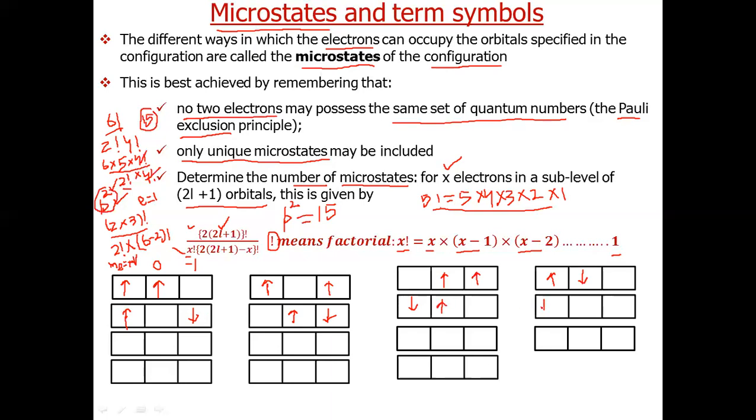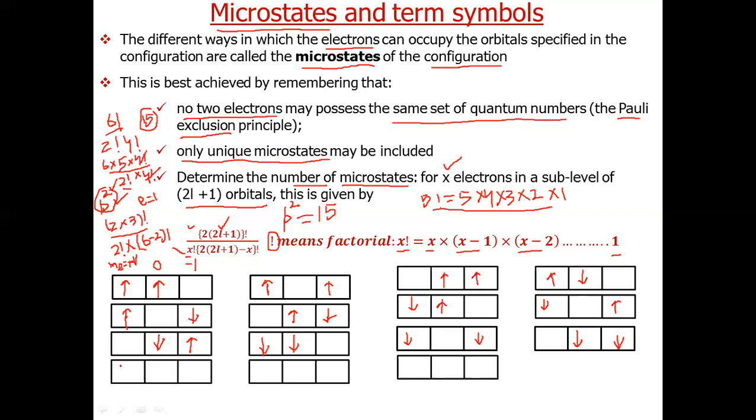Next, this can be anti-clockwise, this can be clockwise. Next thing is, this can be anti-clockwise, this can be anti-clockwise. So you can see all these arrangements, these are unique.